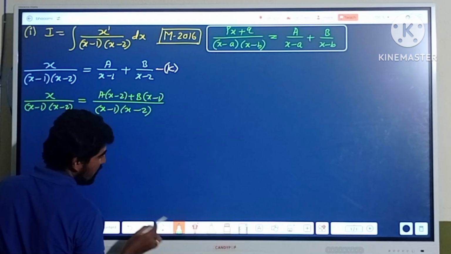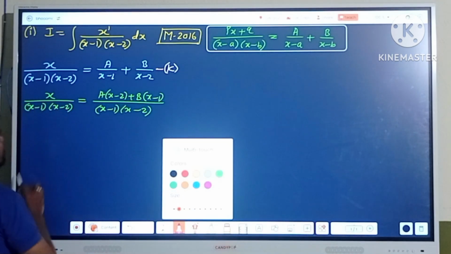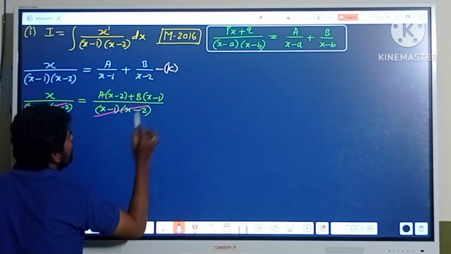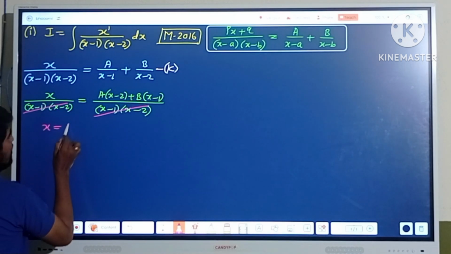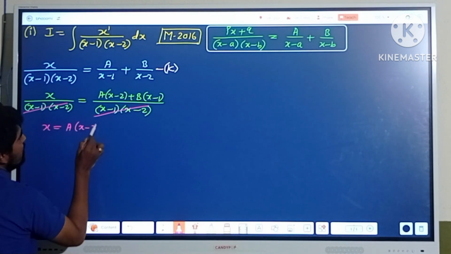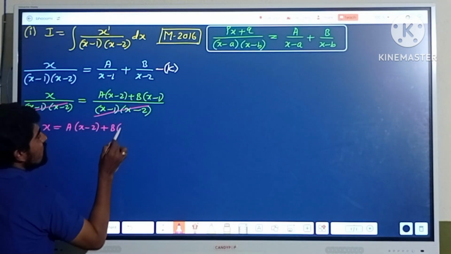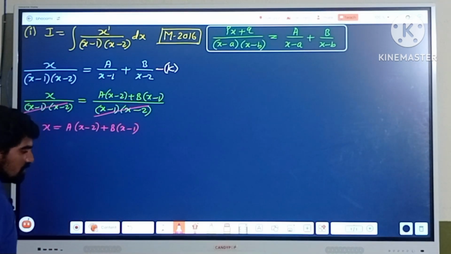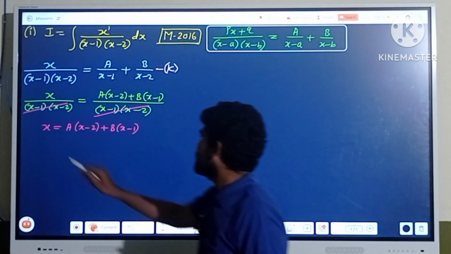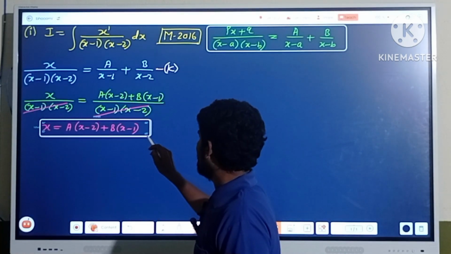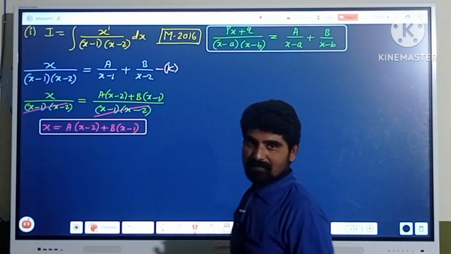Now observe, the denominator on both sides is the same, therefore we can cancel it. After cancelling, we have x equals A into (x minus 2) plus B into (x minus 1). Now by using this equation, we need to identify the values of A and B.